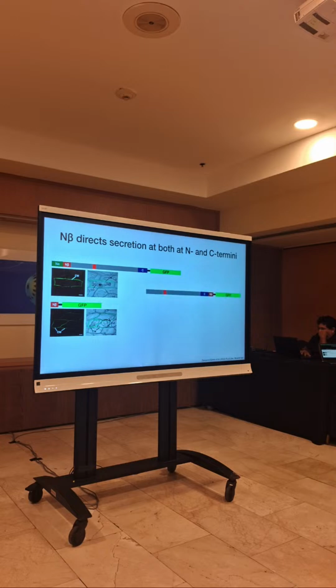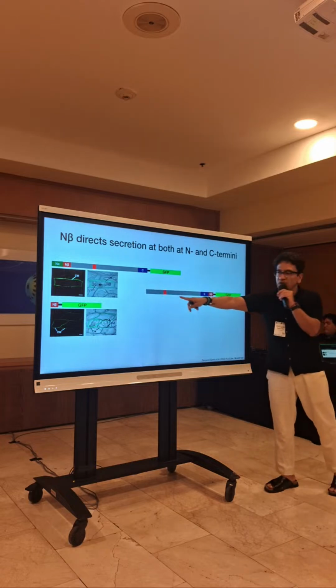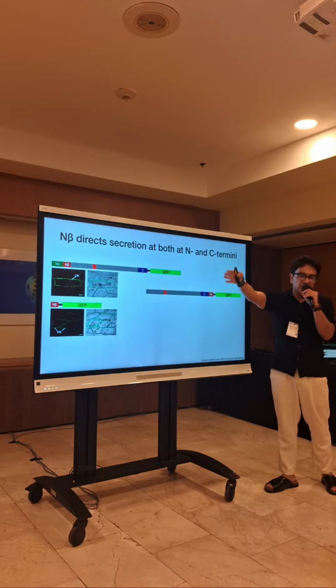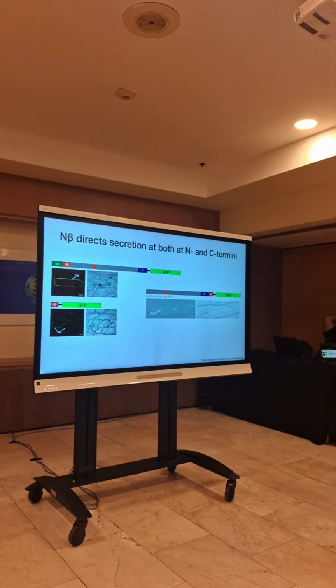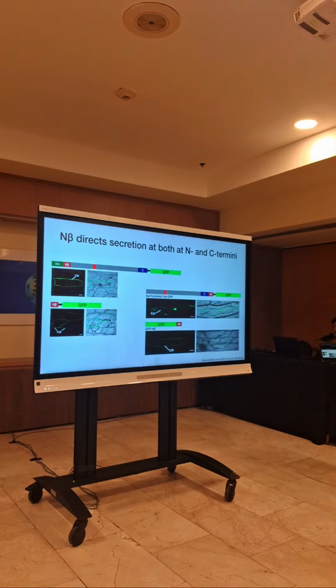If it's in the middle of the protein, making this chimeric one, NHRXH without the N-terminal, then N-beta and then the GFP, we found that it is not secreted. So if it's in the middle of the protein or hidden, it won't work. We would expect that being at the carboxy terminal it wouldn't be secreted, but it was secreted. This was surprising, and we had to generate more questions.